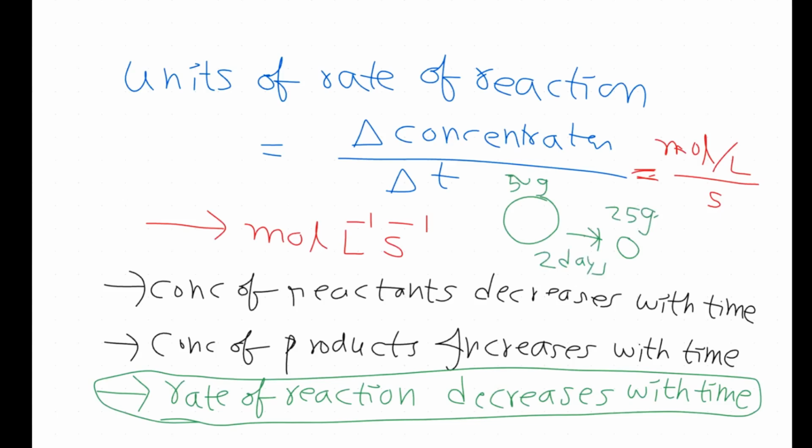It will become 20 grams in the next 5 days. Correct or not? Initial consumption will be higher. My initial rate of reaction will be higher. Clear, Amma? What I'm saying?